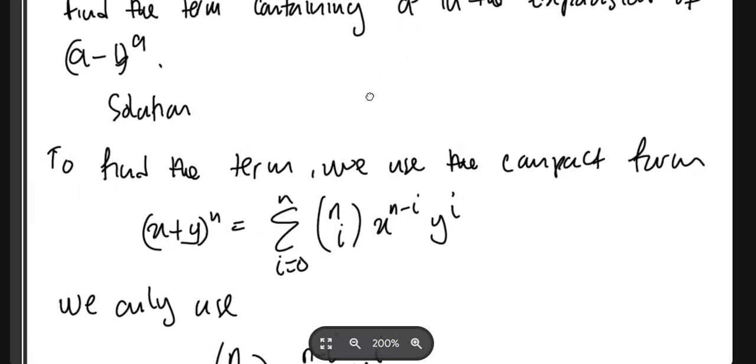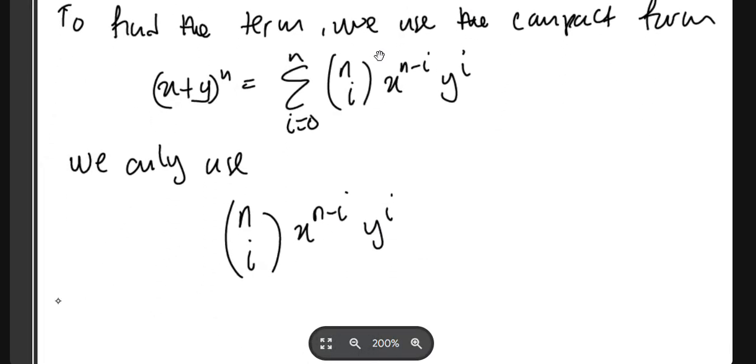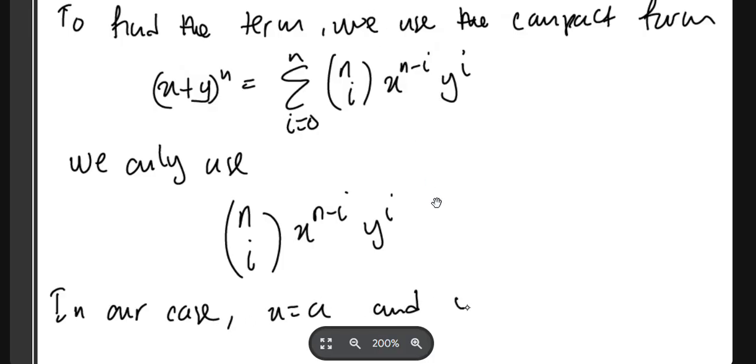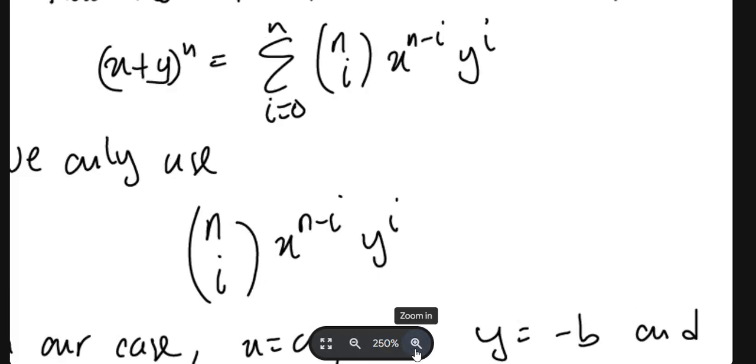So in our case, x is a and y is negative b. Don't forget this, okay? X is a, y is negative b, and n is 9, okay?